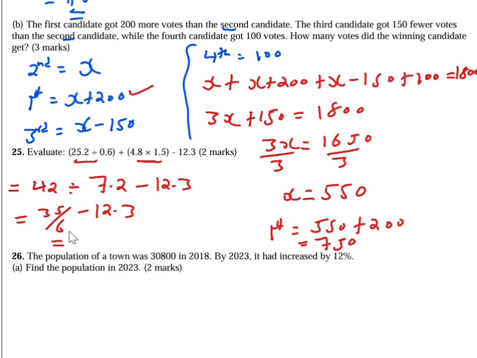You'll see the answer is negative 97 over 15, as an improper fraction, or as a proper fraction, it is negative 6 whole 7 over 15. You can give any, you're going to get those 2 marks. But on 6, we continue.